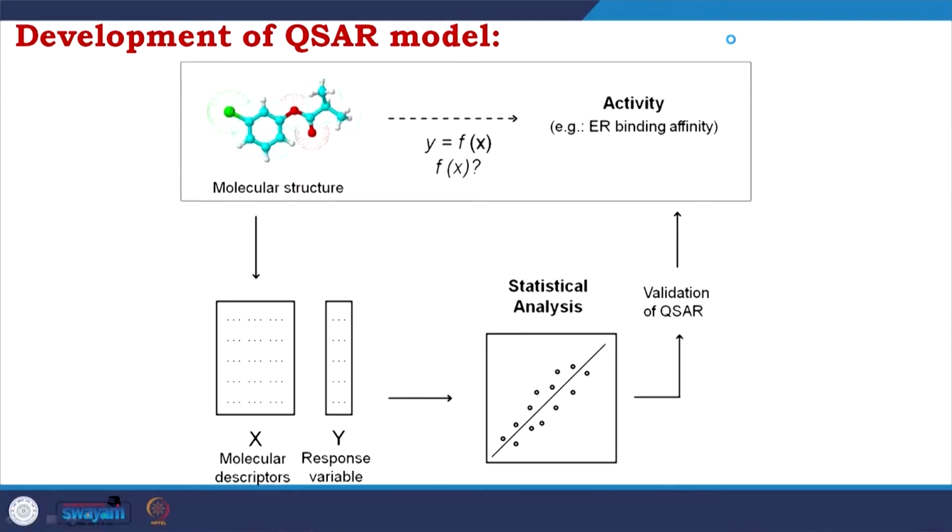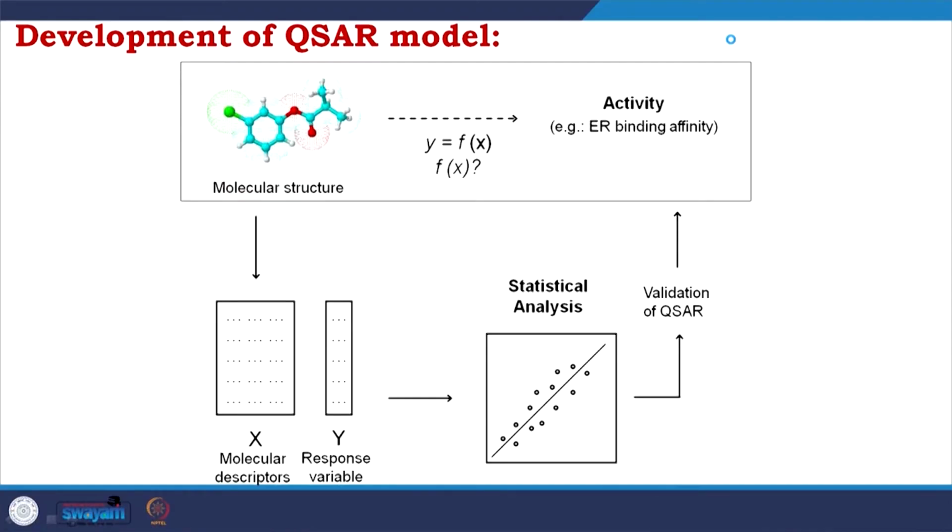All of these are properties which could correlate to the biological activity. But instead of doing that, if you get numbers, that would be a much more understandable way to relate them. That is what QSAR is doing. So, this is the QSAR model.